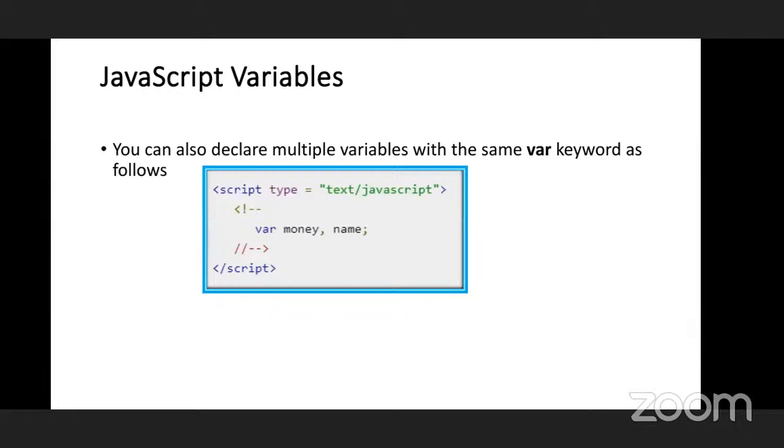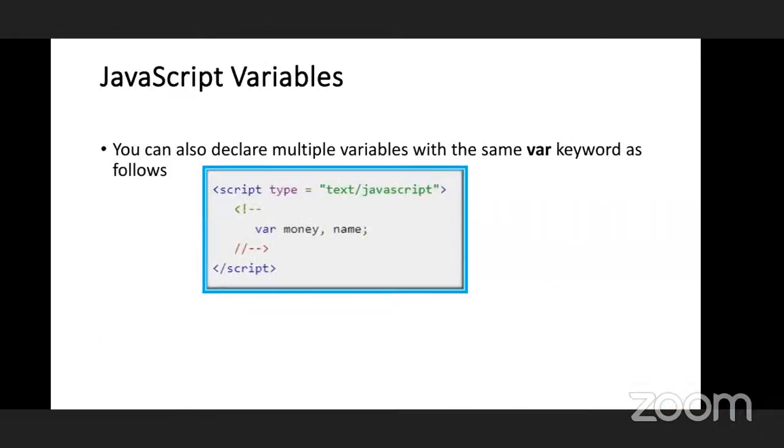This slide tells the importance of the var keyword. With the help of a single var keyword, we can declare multiple variables also. I want to declare two variables, money and name, in a single statement. In such cases, no need to use the keyword var two times. You can use var a single time, and declare as many variables as you want within the single statement.